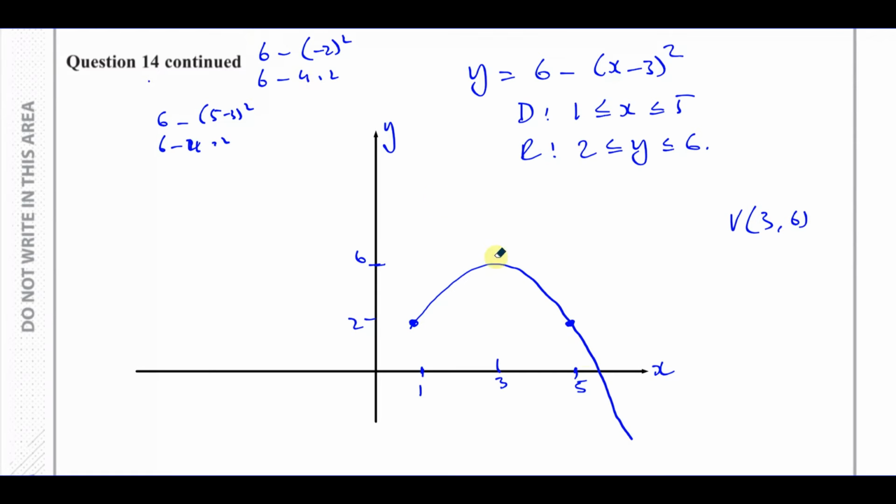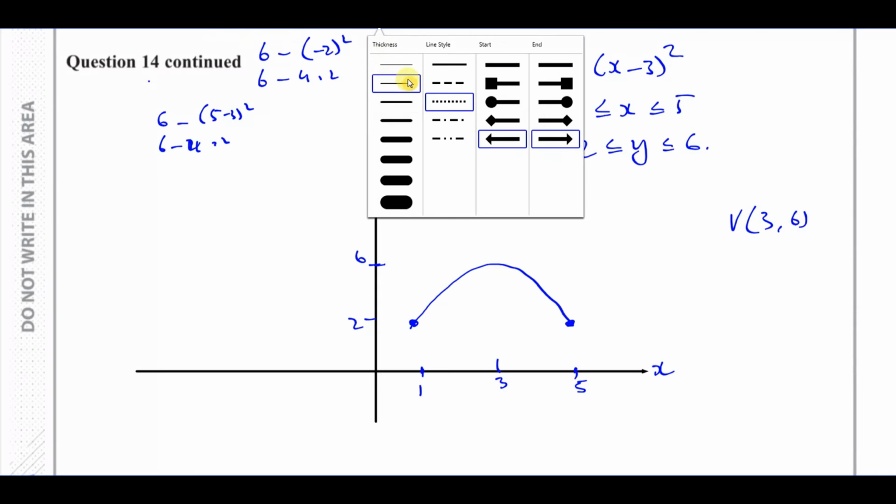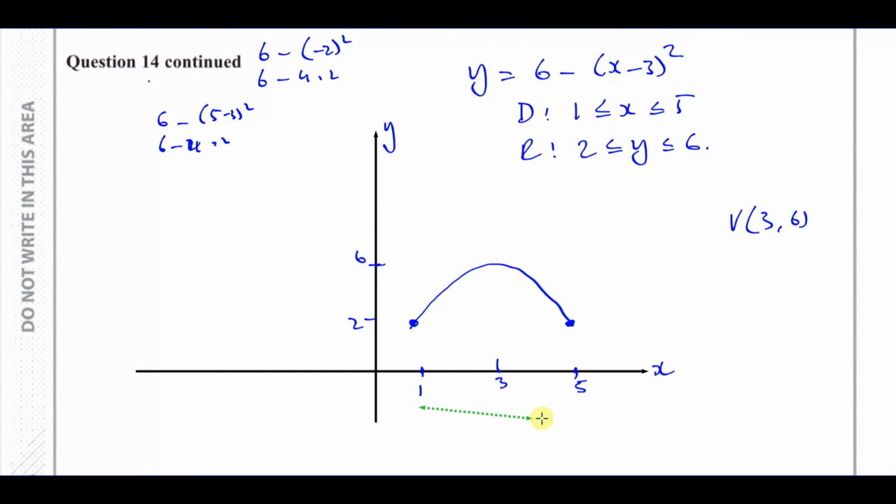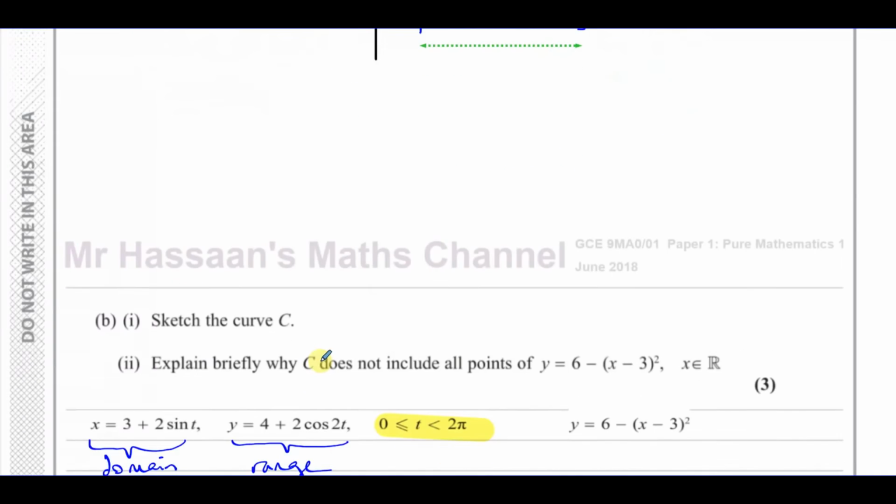So it's kind of symmetrical, of course, because it's a quadratic. Therefore, we have our sketch. The domain is limited between 1 and 5, and the range is limited between 2 and 6. So that's how we can draw our function according to the limitations in its domain and range.